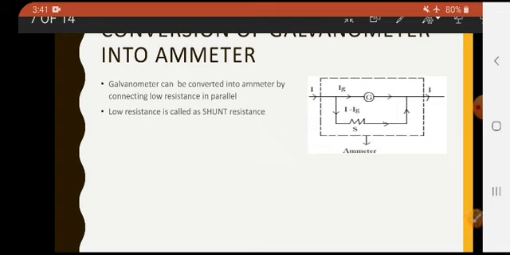Now, what is the effective resistance? Here we have the shunt connected in parallel to the galvanometer, converted into an ammeter with range 0 to I amperes.